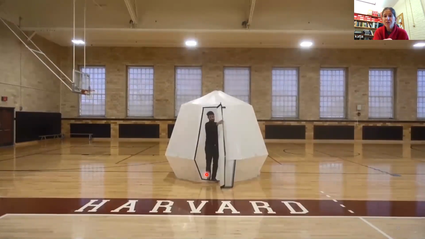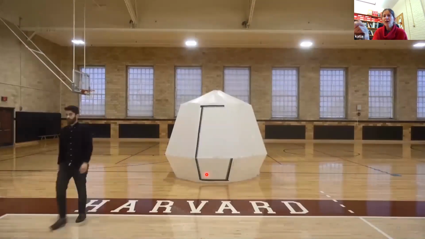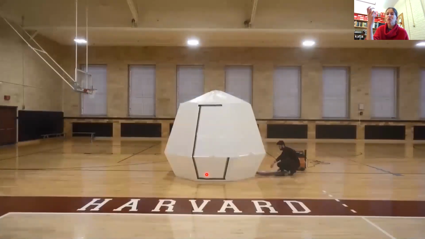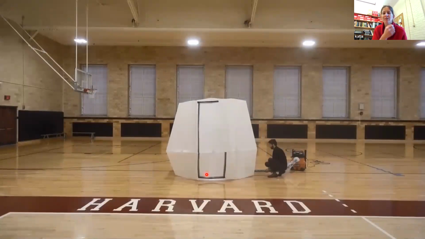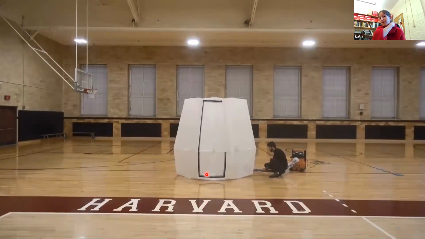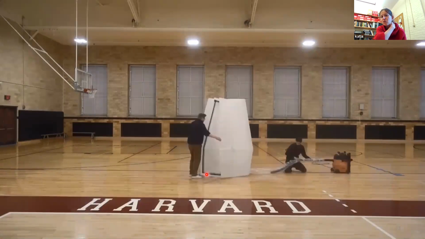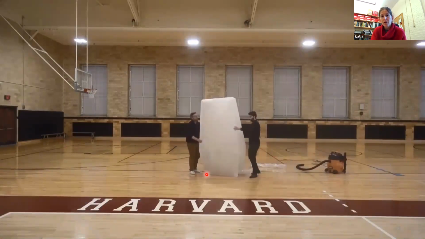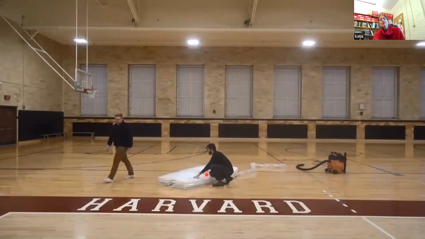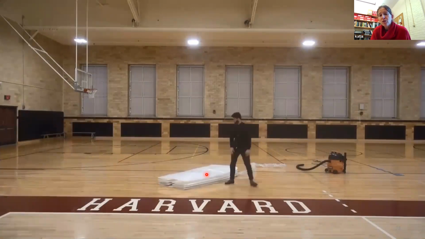And now an important feature: David is opening the door, and the structure is not collapsing, right? The structure remains up. And why is this? Because the structure is bistable. Now we can connect it to the vacuum and fold the structure back. And pretty much here is where we are with this project on origami, inflatable and deployable structures.